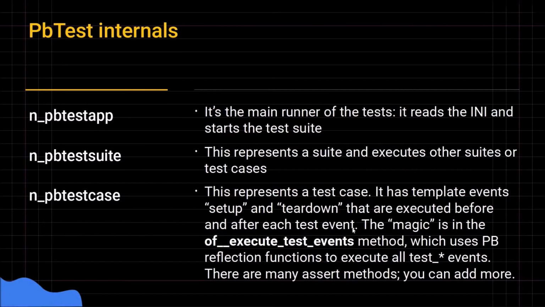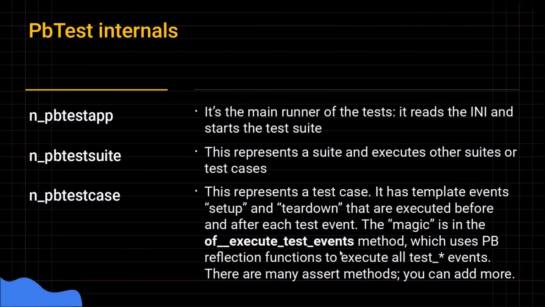We didn't use that in the demo, but we can use them to instantiate the class under test, the object under test, with a setup mainly, so that it gets created before each test method. The magic of this one is in the of_execute_test_events method.